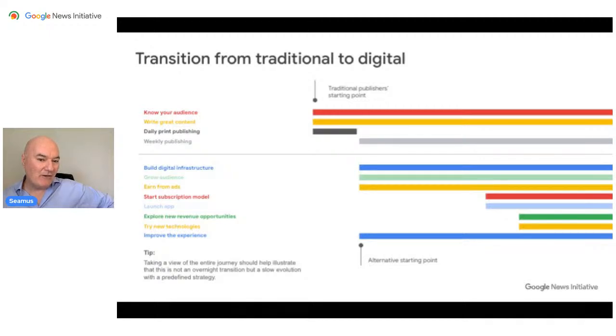If we look at this sample timeline, we can see from the traditional publisher's point of view, the starting point: knowing your audience, writing great content, daily print publishing, those are the constants that will go all the way through. But we can look at an alternative starting point now when it comes to digital: improving the experience.